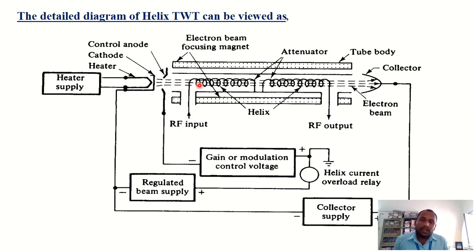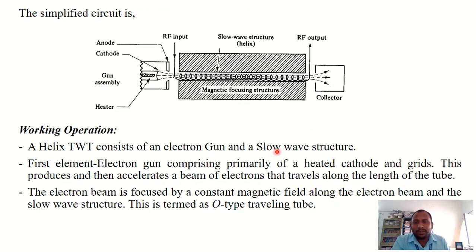Then both are traveling through this slow wave structure, which was focused by the magnets. And on the other side there is a collector which is used to collect the electrons, and that is connected to the collector power supply. Okay, so this is the detailed diagram of the helix traveling wave tube.